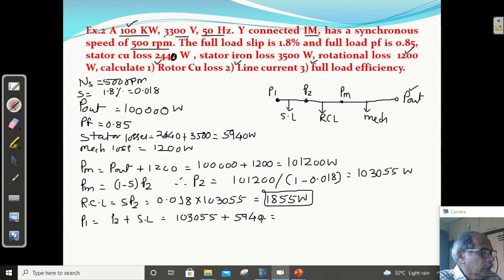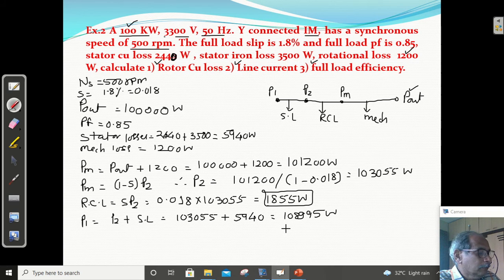So you will get 108995. Okay, so in this way we will calculate the P1. P2 plus this loss, if you add, you will get the P1.